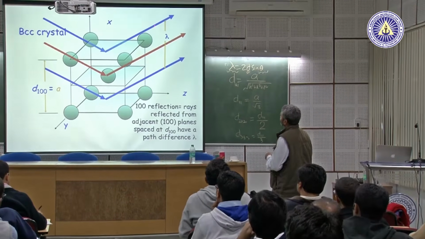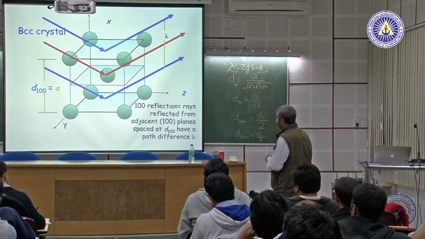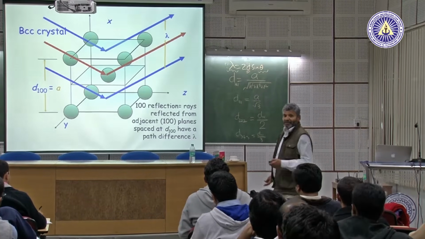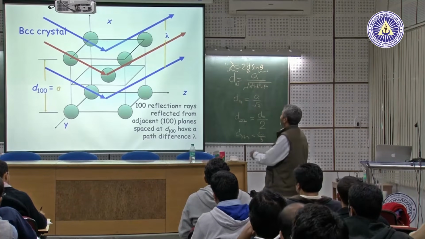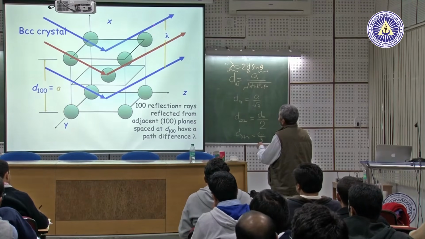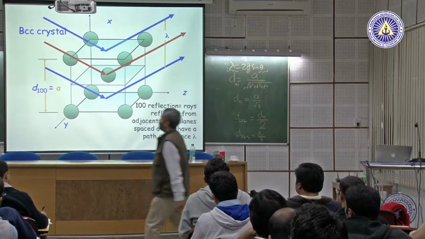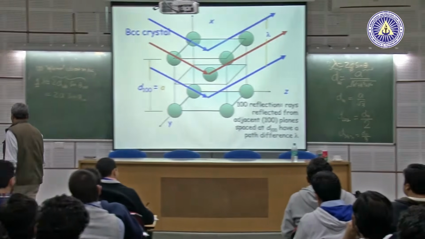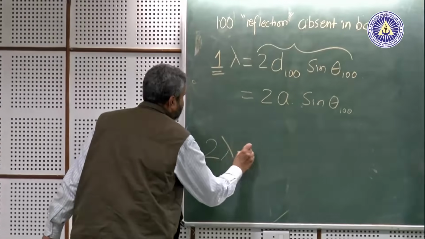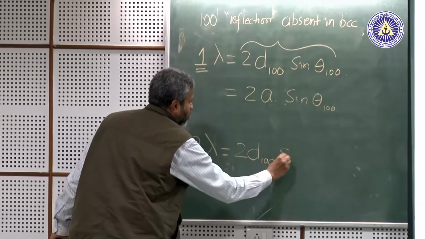So, between the blue and red, if the path difference is lambda, then everything is again constructive. But if between blue and red the path difference is lambda, then what will be the path difference between blue and blue? 2 lambda. So, that means from the 100 plane, now the path difference is 2 lambda. 2 lambda equal to 200.